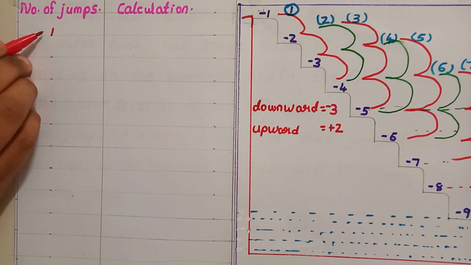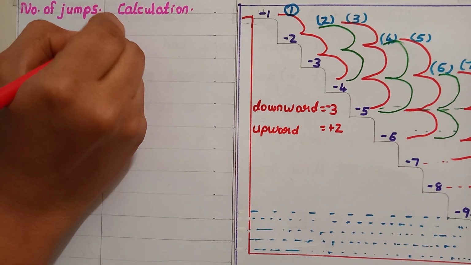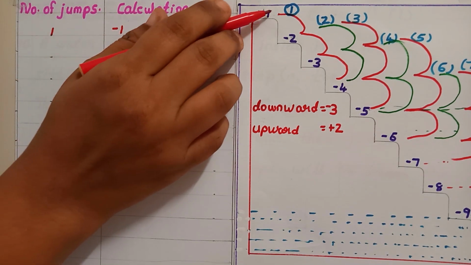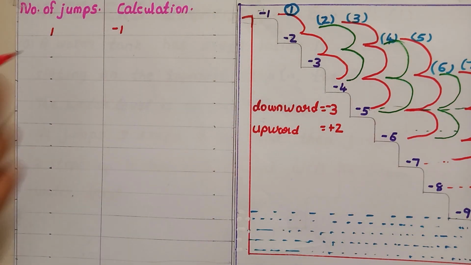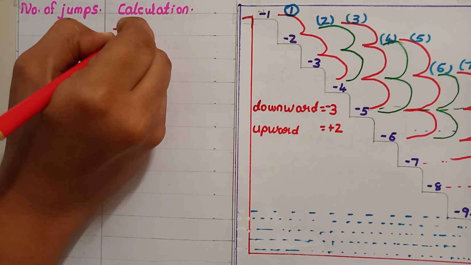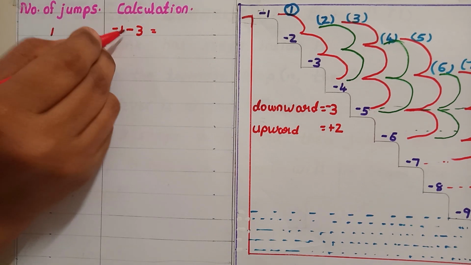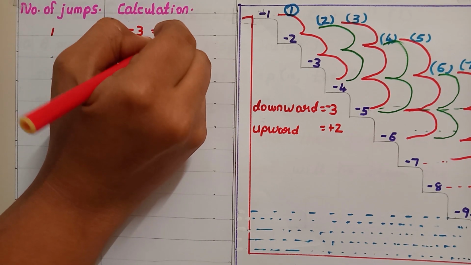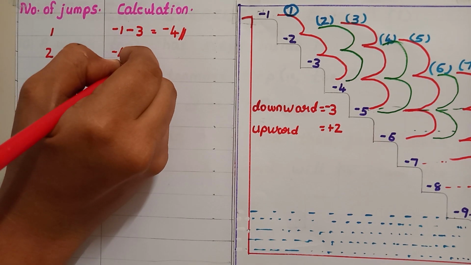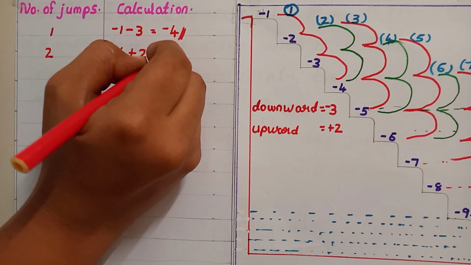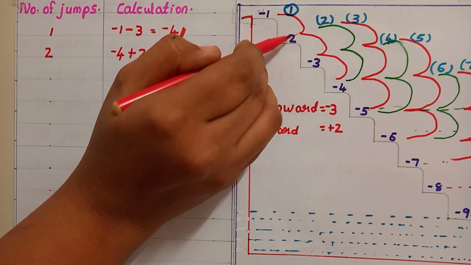Jump number 1, he makes a jump from minus 1 and 3 steps downward, so it can be marked by negative 3. Minus 1 minus 3 equals minus 4. Minus 4 plus 2, the answer is minus 2. Here also we got he is at minus 2.